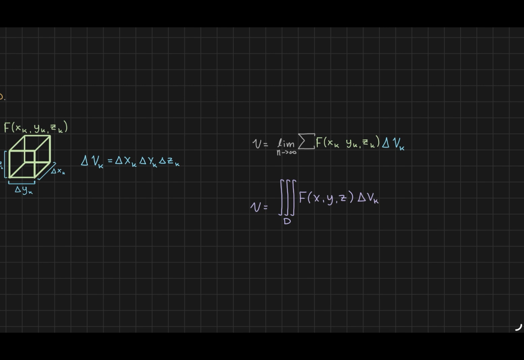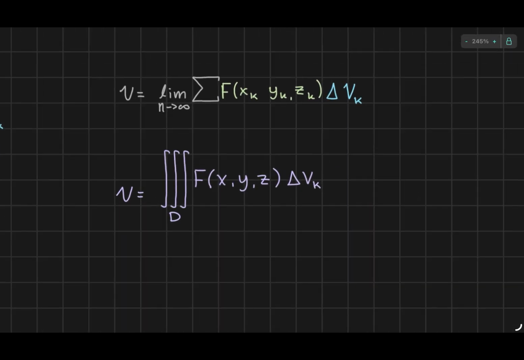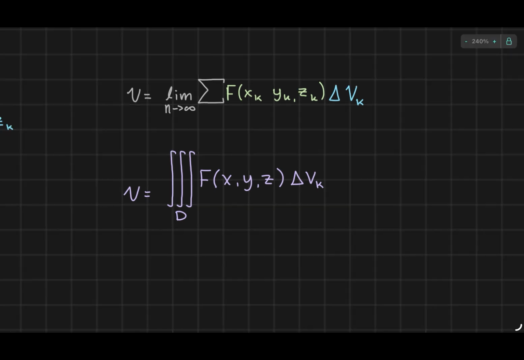So our integral definition for some kind of 3D surface and the total stuff inside of it is that the volume is equal to the triple integral of f of x, y, z over the region D. And as you can see here, we have that delta v sub k. That's just going to be dv once we're actually notating it.